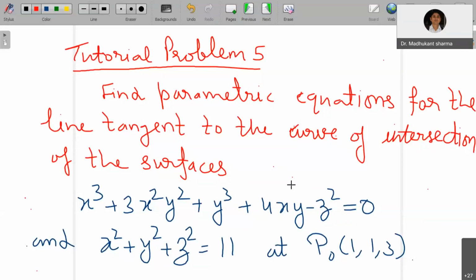If you are obtaining a surface, then at any point of the surface, you can talk about the tangent plane. But you are not going to obtain a surface when you are intersecting two surfaces.